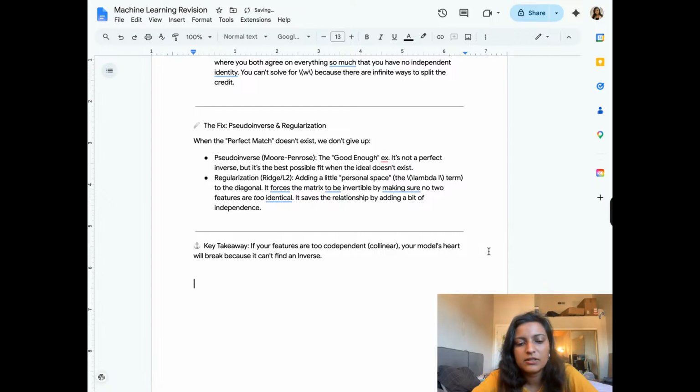There is another concept of orthonormality. Vectors are orthogonal if they are perpendicular.